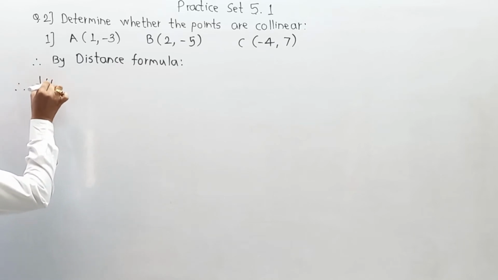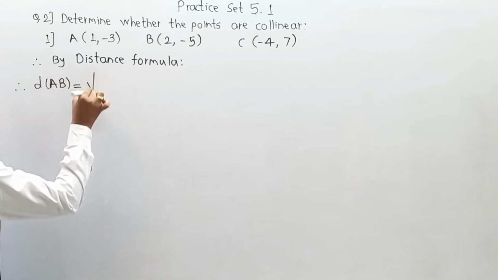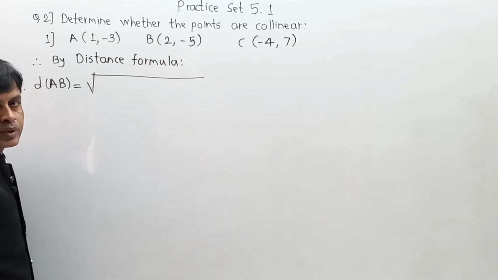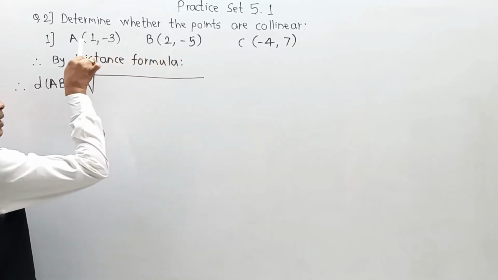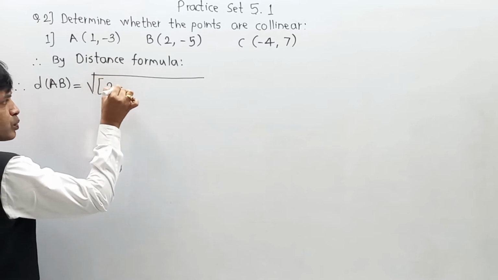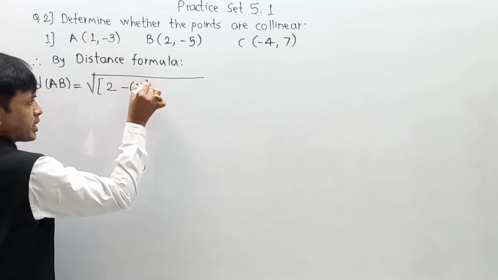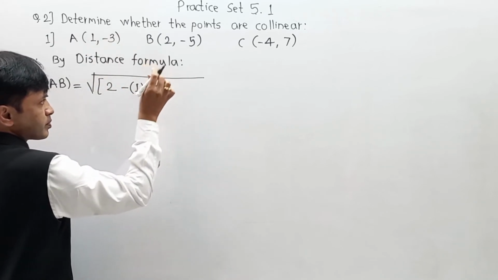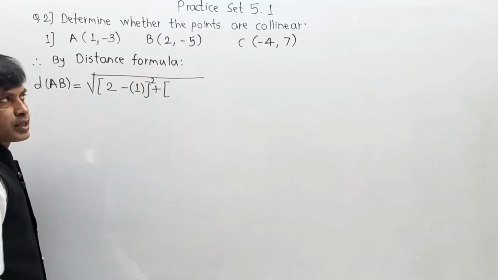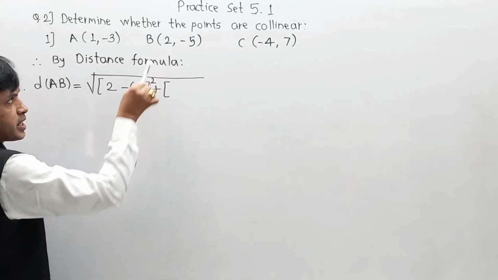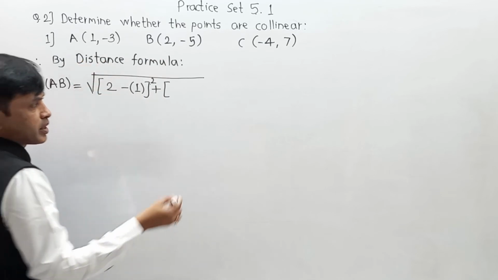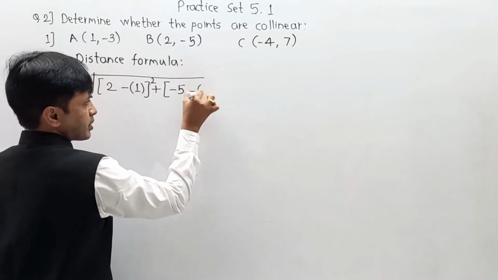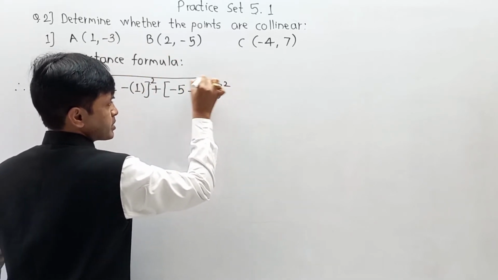So first, distance AB. It is nothing but (x1, y1) and (x2, y2). And our formula says the square root of (x2 minus x1) squared, means (2 minus 1) squared, plus (y2 minus y1) squared, means (-5 minus 3) squared.